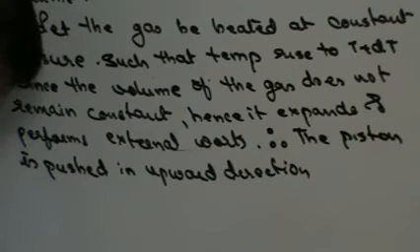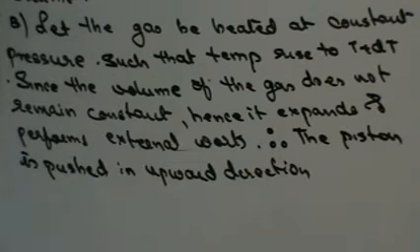Now, once I know that the piston is pushed in upward direction, that means some part of the heat energy is used to perform external work, and the remaining part of the heat energy has been used to increase the temperature, right?